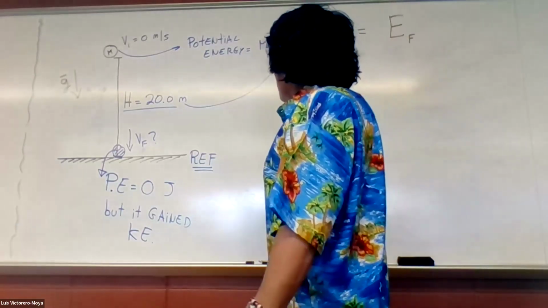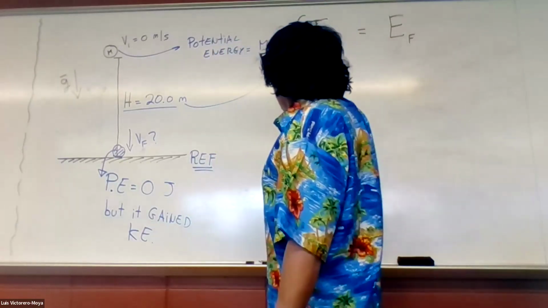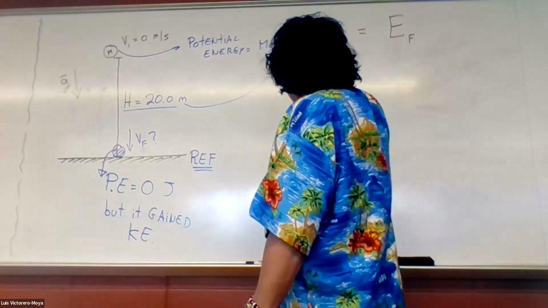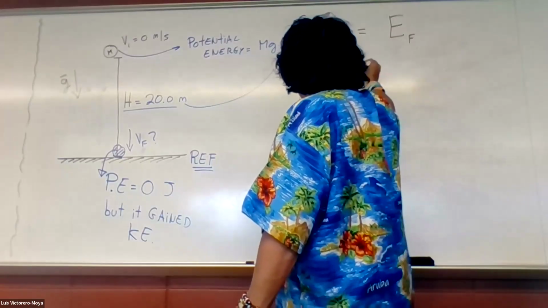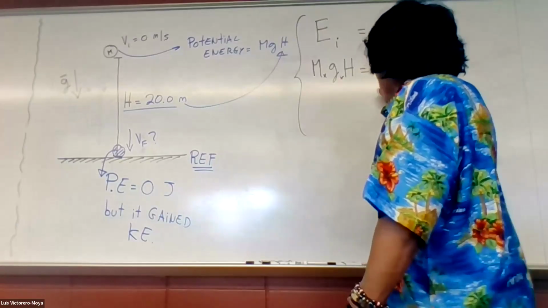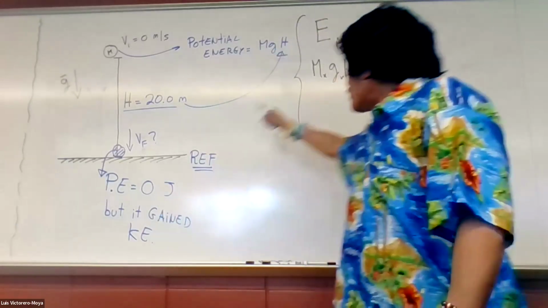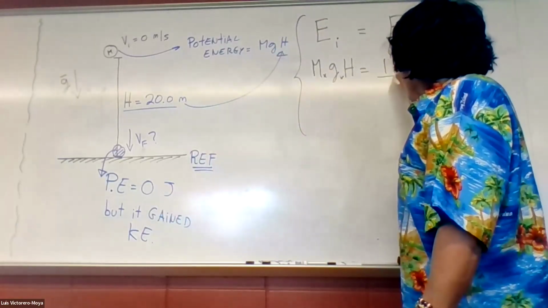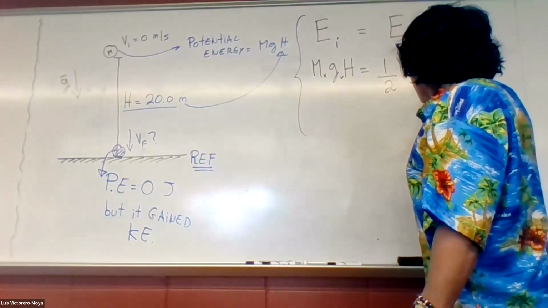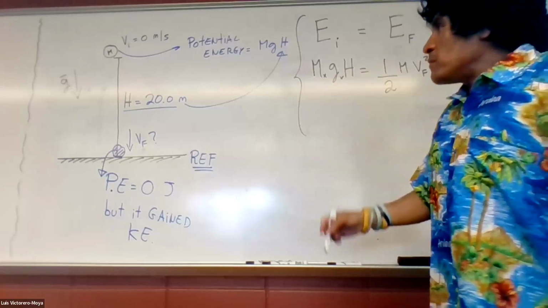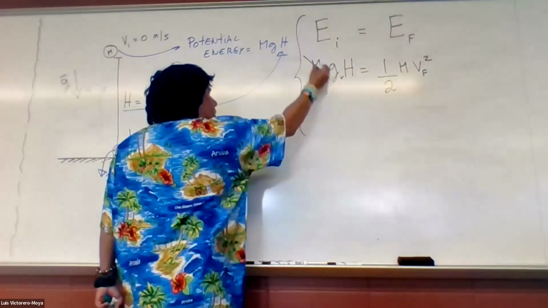What's energy initial? mgh, mass times gravity times height. What's energy final? Kinetic energy, 1/2 mv final squared. You don't need a mass because the mass cancels.